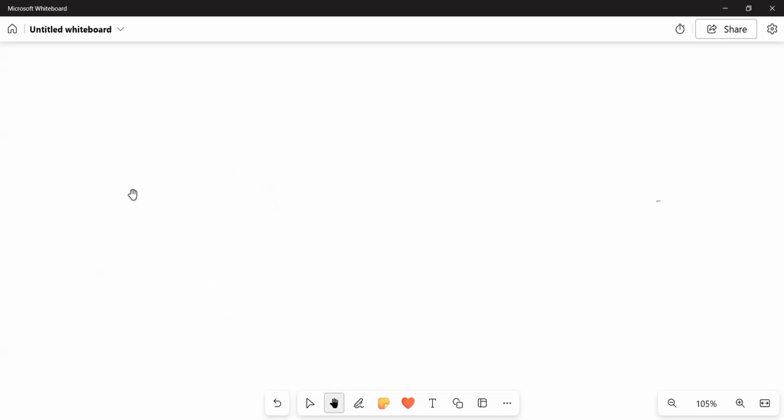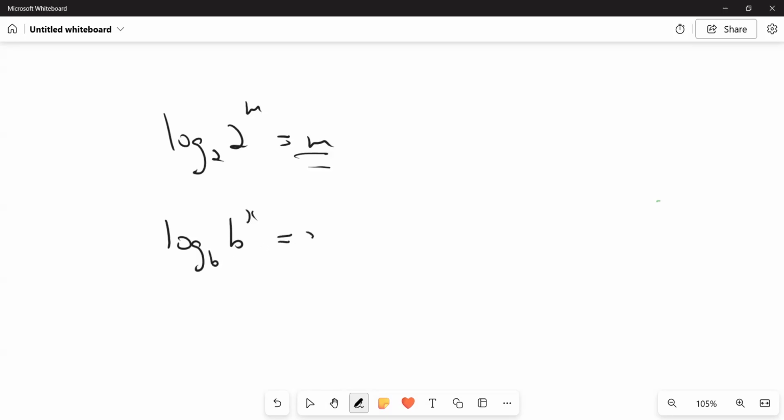Good. Let's take another one. The logarithm of 2 to the m with a base of 2 will be m. In other words, what do you have to raise 2 to, to give you 2 to the m? m. So again, you can come up with a general rule: the logarithm of b to the x with a base of b is equal to x.